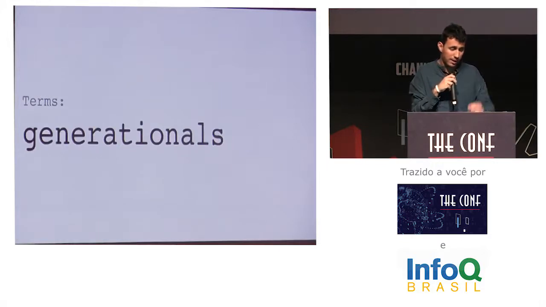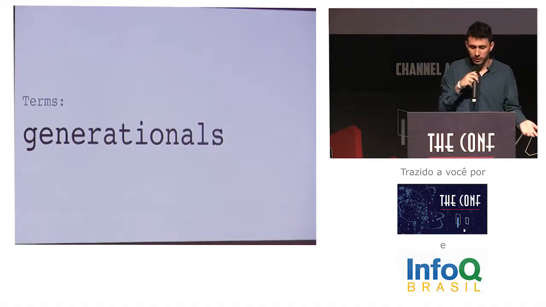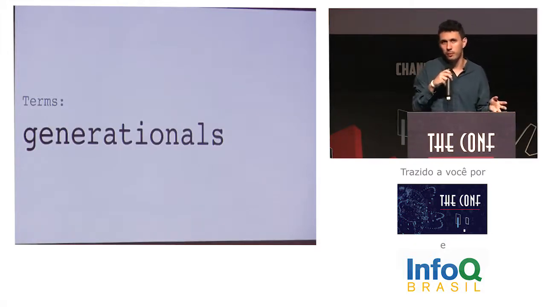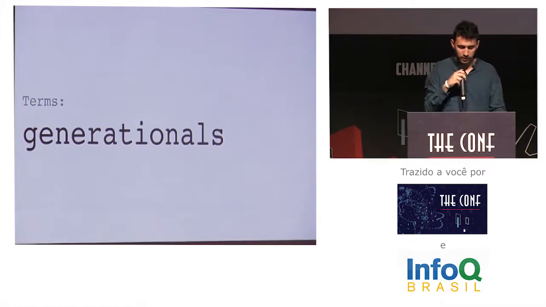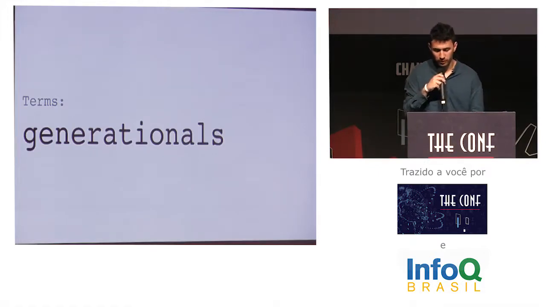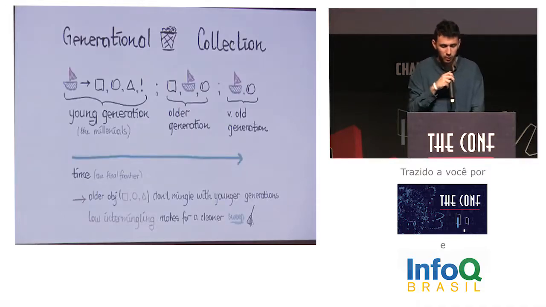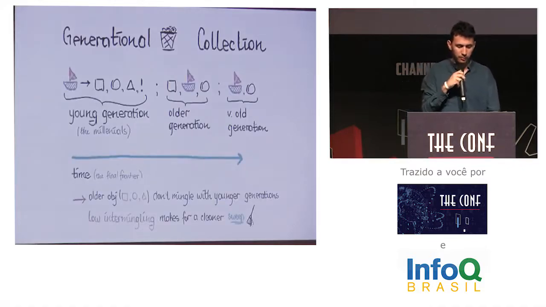So I would be rude if I said that this is all about generations. Generations is a big concept with a complex algorithm, but I will try to simplify it and help you understand how generations work in Node.js. V8 splits the heap in two categories, the young space and the older space.